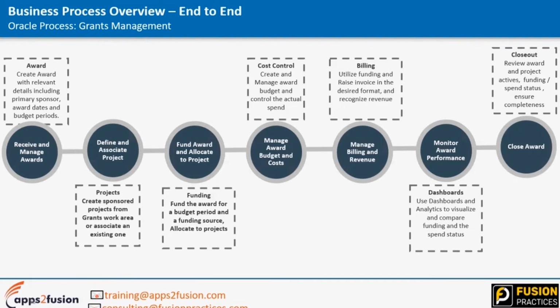There are some specific sales cloud products available in the market, so these organizations use that for negotiations and tracking the opportunities. Once the opportunity gets converted to the award of the project, then we start the grants management process. So we receive and manage the awards.